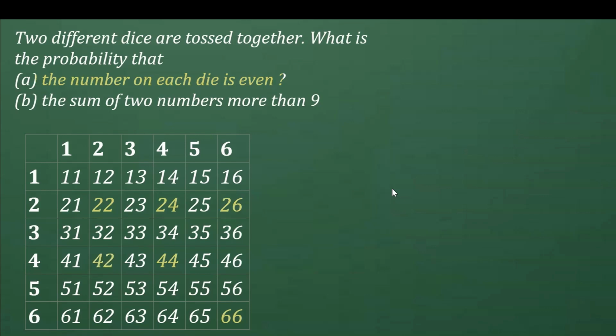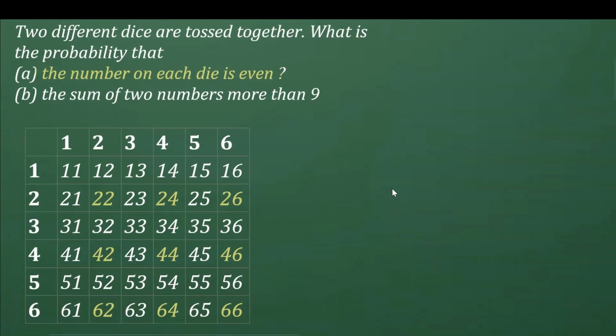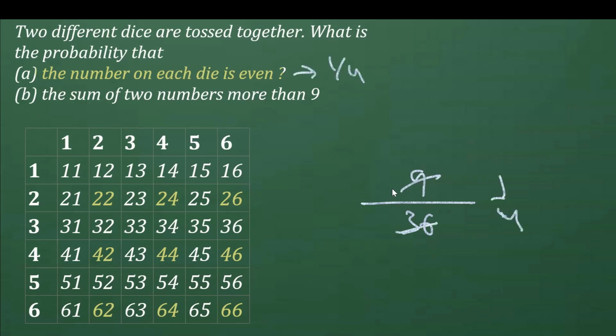It can be 4 2, 4 4, 4 6, and it can be 6 2, 6 4, 6 6. It's not about doublets, just finding which are even in both cases. Out of the total 36 observations, how many of them are even? 3 plus 3 is 6, plus 3, 9. So the required probability is 1 over 4. For the first part, it's 1 over 4.